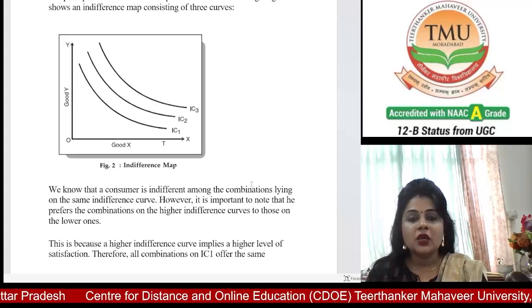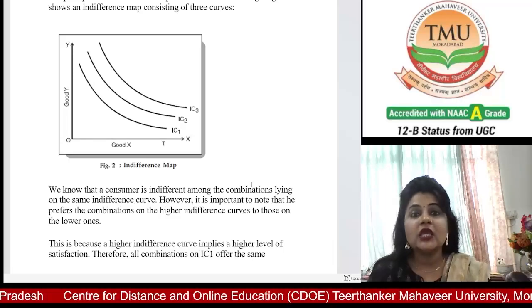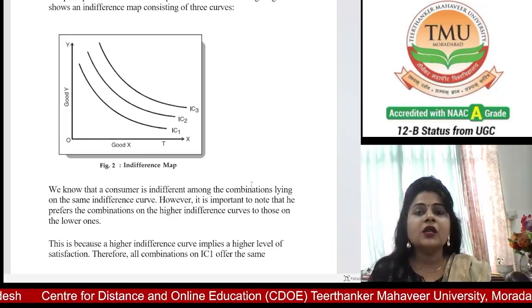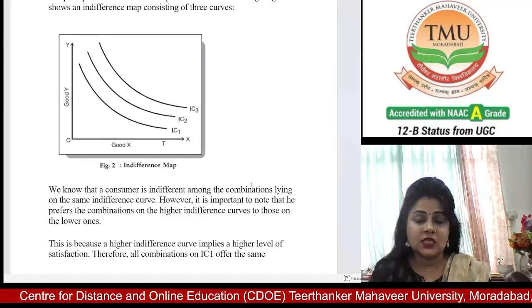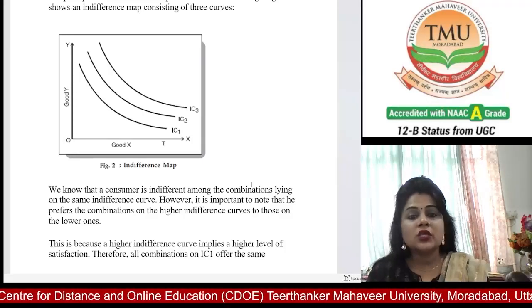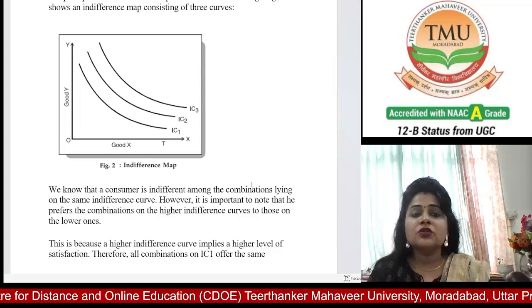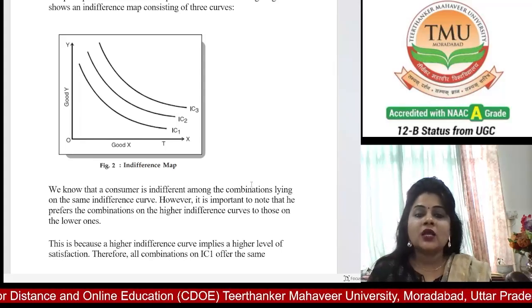Also, the combination of goods on the higher indifference curve, as you see in this figure, IC1, IC2, IC3, the higher IC3 also gives the higher level of satisfaction. The combinations on the higher indifference curve give the higher satisfaction level to the consumer.